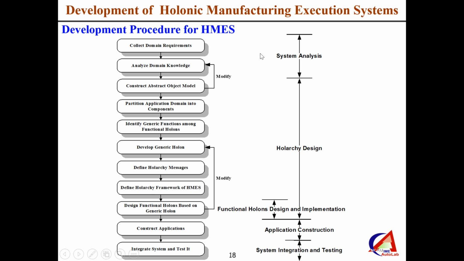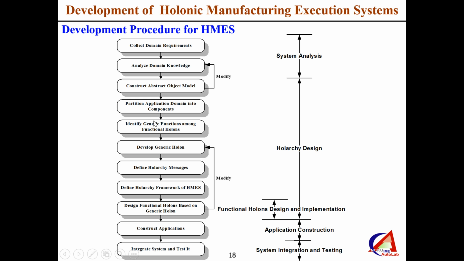You see, system analysis, to begin with, of course, we need to collect the domain requirements and analyze the domain. Then you see here, this is the framework design, the Holonic design, and we will construct the abstract object model and partition. Because this is a very large-scale system, all the functions need to be partitioned so that we can design them simultaneously.